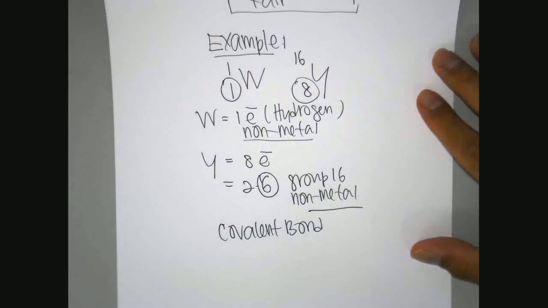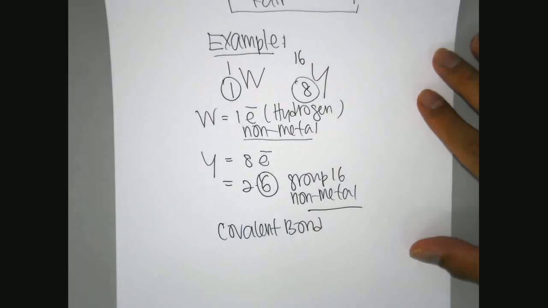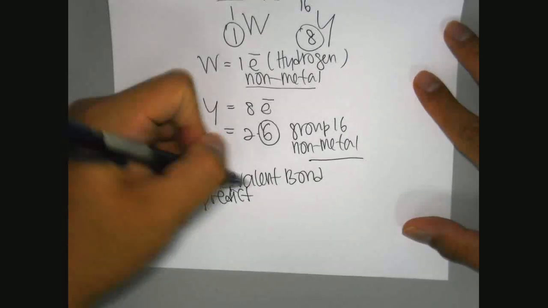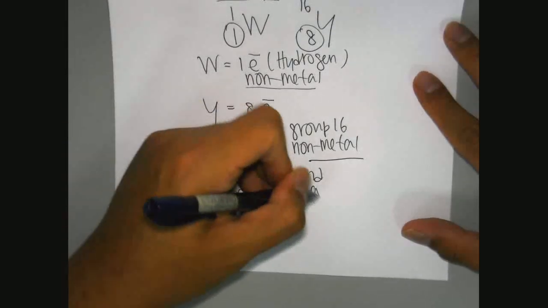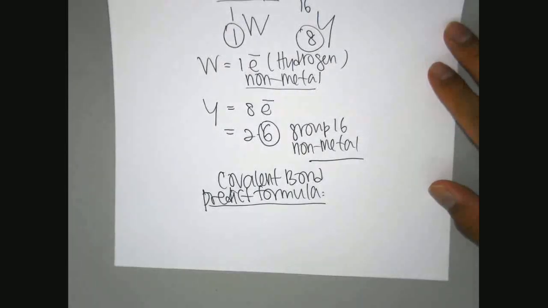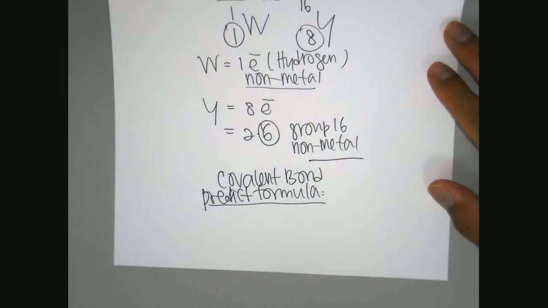After we know what bond they form, as usual, we can predict the formula. We must be able to predict the formula of the compound, because if we can't, we will not be able to know what cross and dot diagram we can draw.